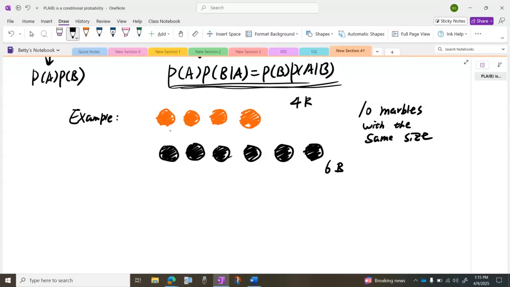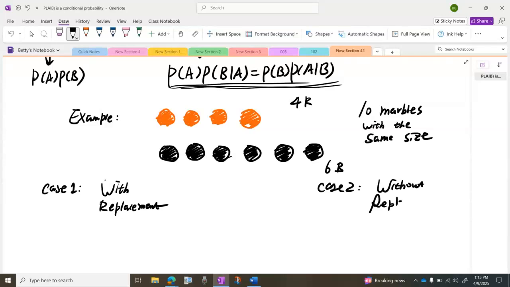And we consider 2 cases. The first case is with replacement. The second case is without replacement.